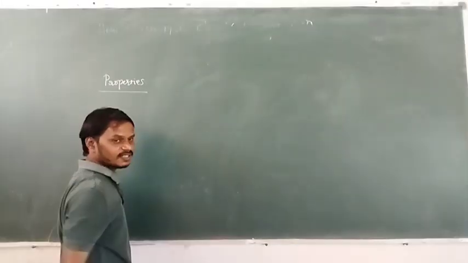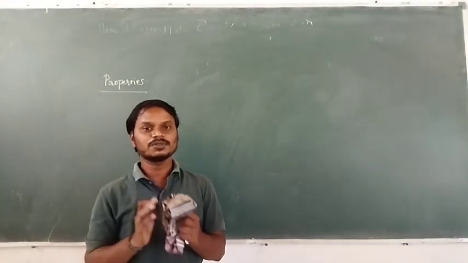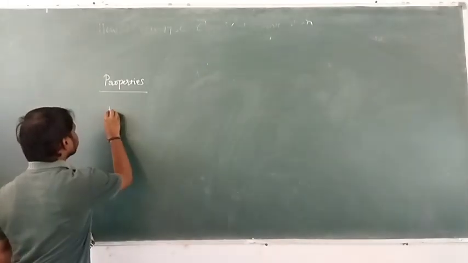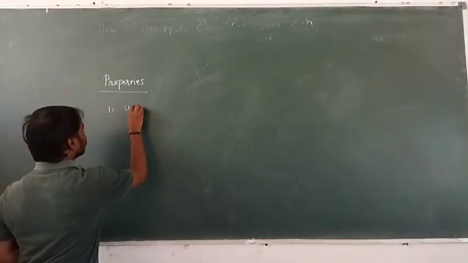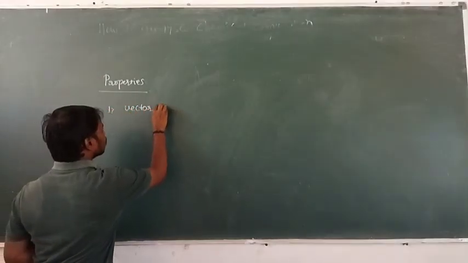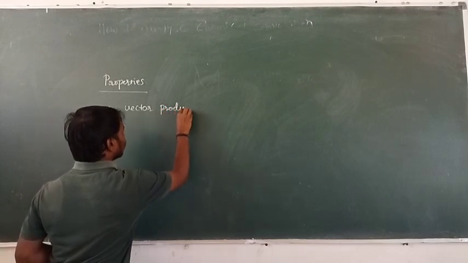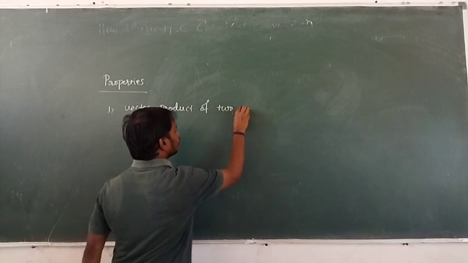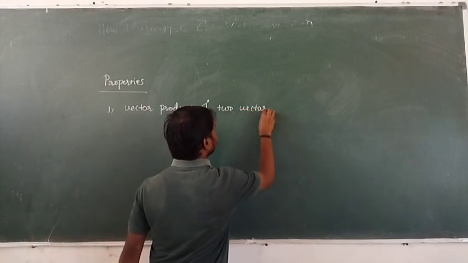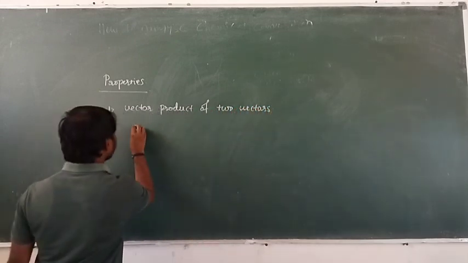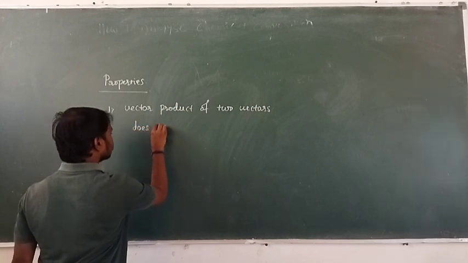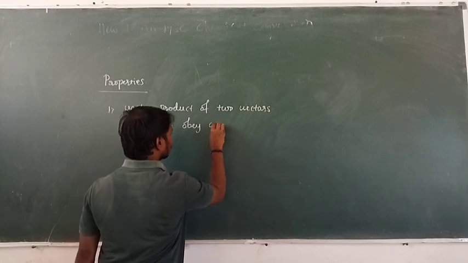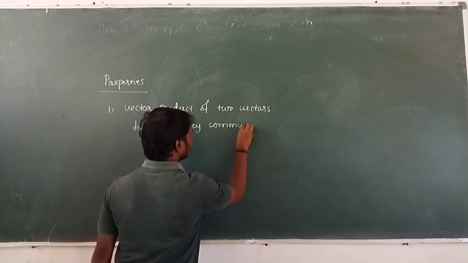So first property is that the vector product of two vectors does not obey the commutative law. Vector product or cross product of two vectors does not obey commutative law.